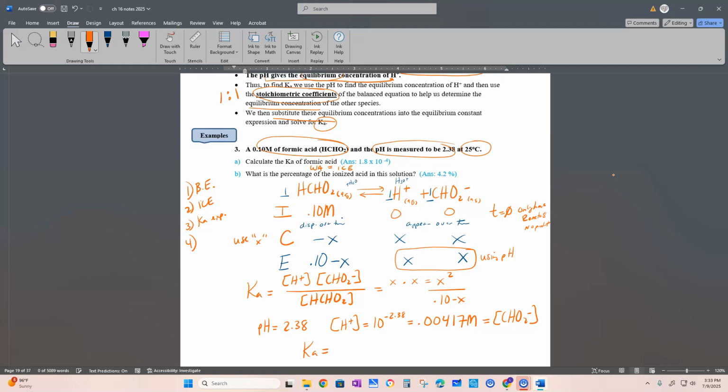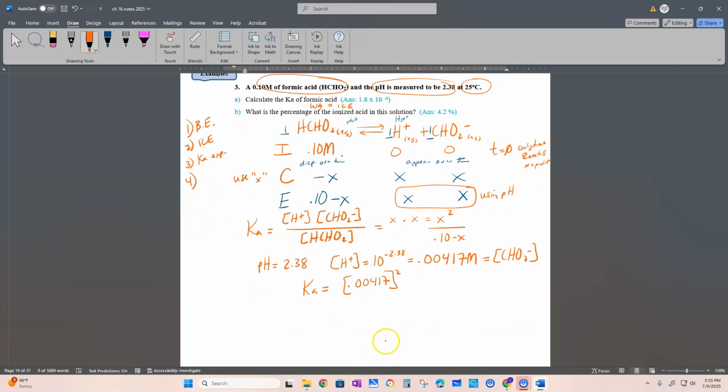I have Ka, this X, 0.00417, and I'm going to square it. Okay? Now the denominator, 0.10 minus that 0.00417. Because this value is so small that when you take 0.10 minus this value, it's going to probably be 0.10 in the end because of sig figs.